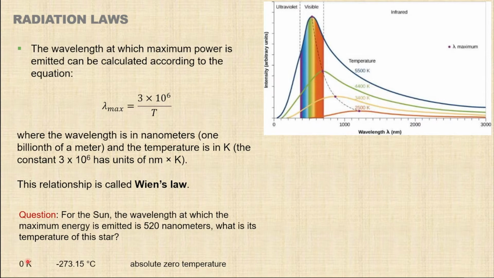By the way, the Kelvin and centigrade relation: 0 Kelvin is the same as saying negative 273.15 degrees centigrade. This is also called the absolute zero temperature.